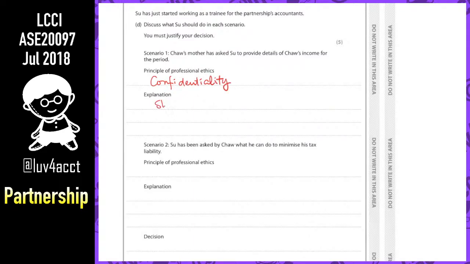Should not provide information obtained from the job to, I would say, unauthorized third parties.